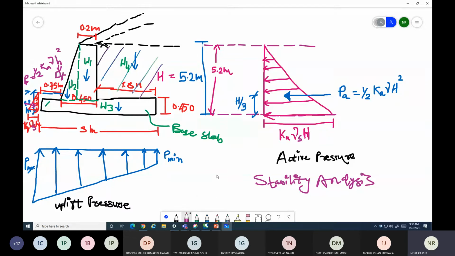And for the stability analysis, one thing you need to remember: suppose this is your wall, right?